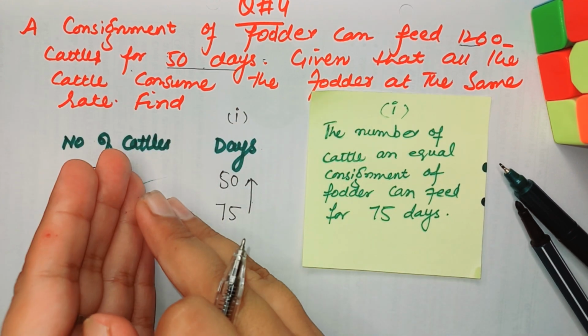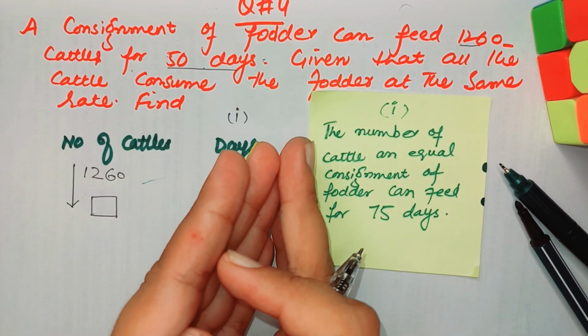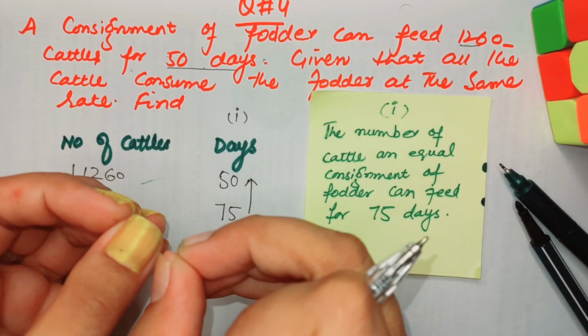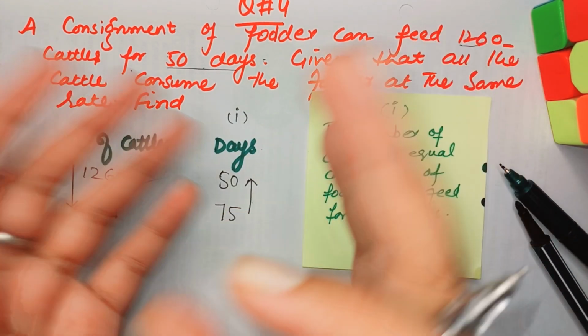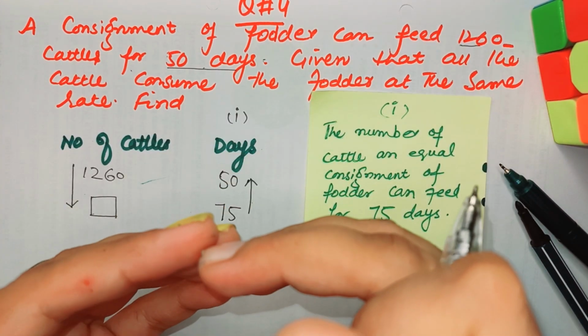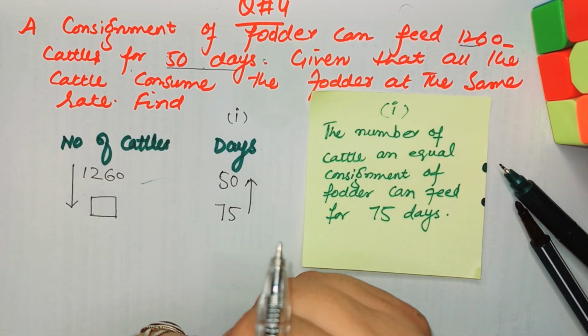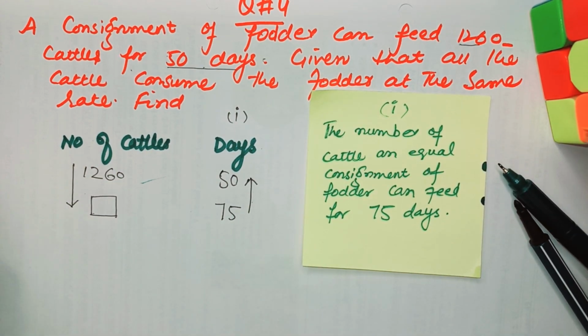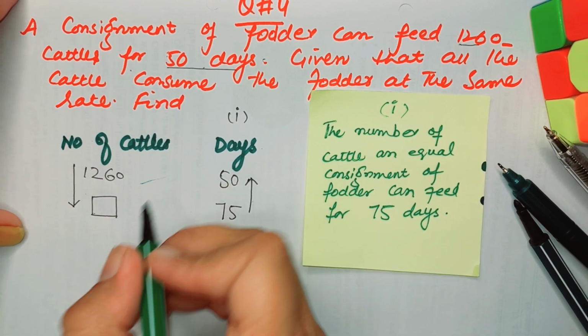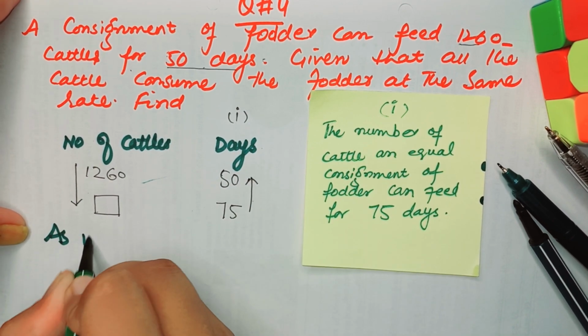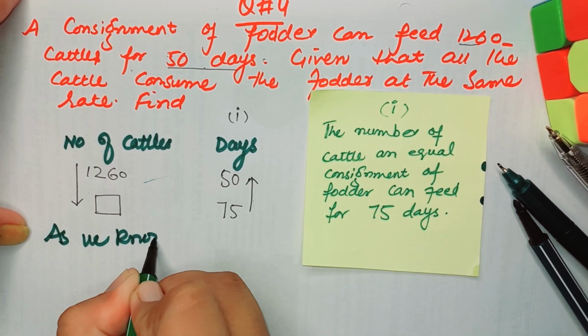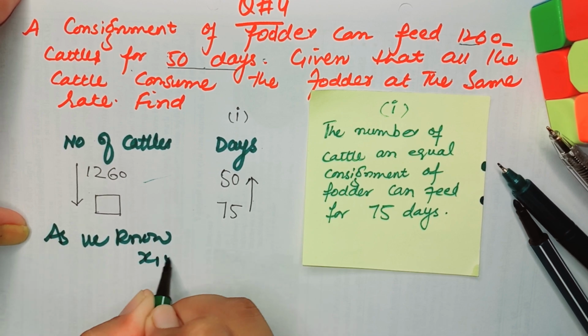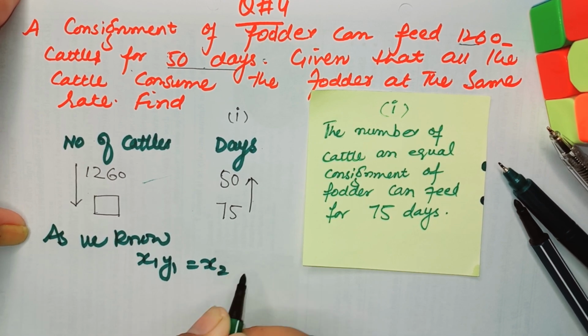ये दोनों जो quantities हैं, let's say one quantity is x and one quantity is y. So इनके दरमियान जो relation है वो inverse relation है, because one quantity is increasing and another quantity is decreasing. So for the inverse proportion, you have to remember the relation, as we know, x1 y1 equals x2 y2.